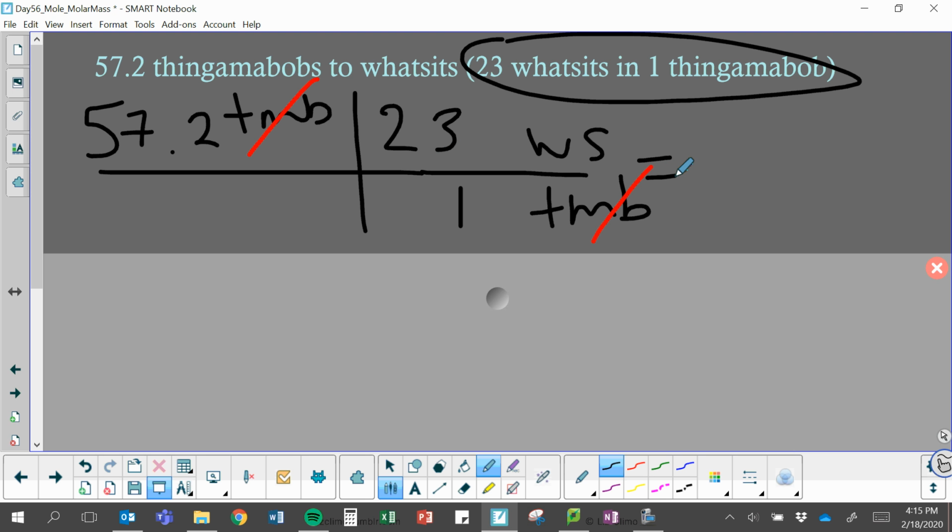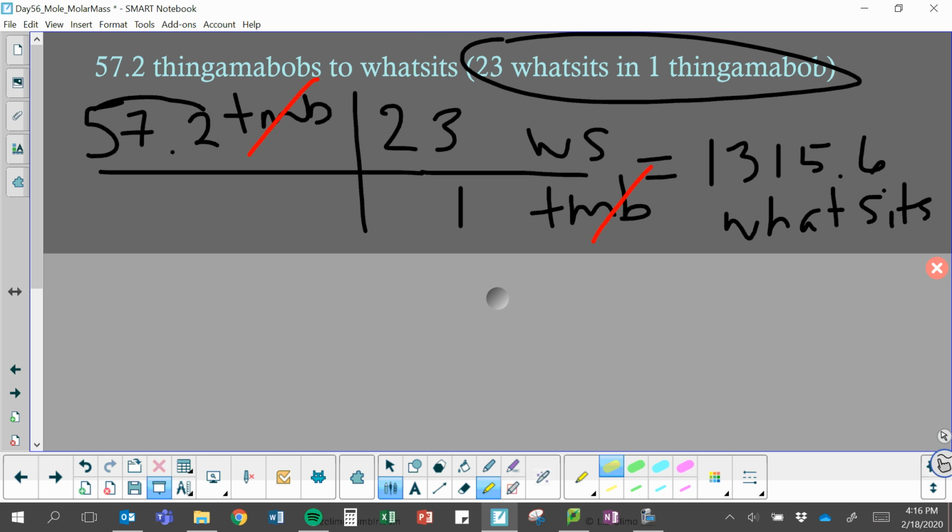So if we put this in our calculator, 57.2 times 23, we should get 1315.6 what's it. We have to go back and double check we have the right number of sig figs.